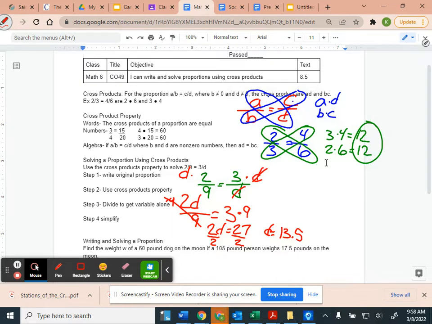So in order for these to be proportionate, 2 to 3, 9 to 13.5.